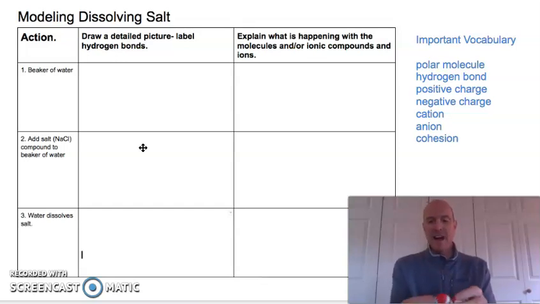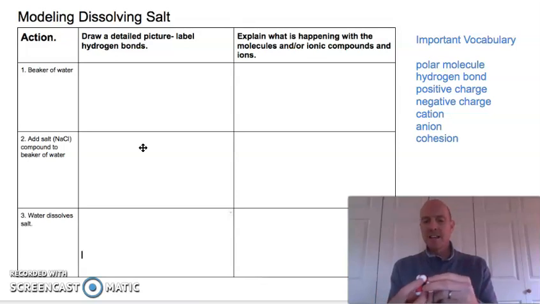And the hydrogen positive surrounds the chloride, right? And then the sodium, which is positive, gets surrounded by the oxygens. I'm spilling water all over the place. So I hope that you can visualize that.